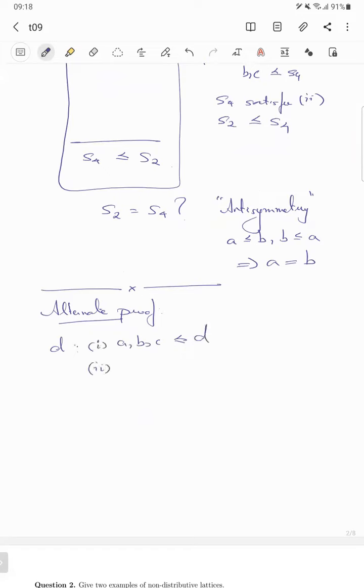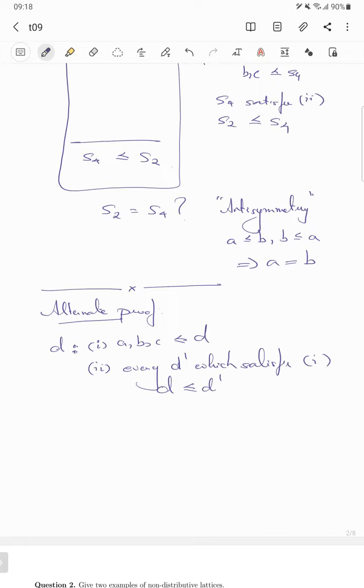Condition 2 is that for every D prime which satisfies condition 1, D is smaller than this D prime. Here, instead of defining the join pair by pair, we can directly define the join of all three together.